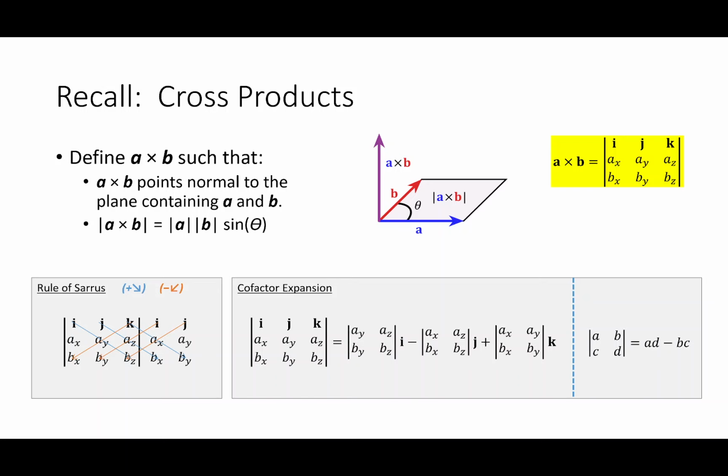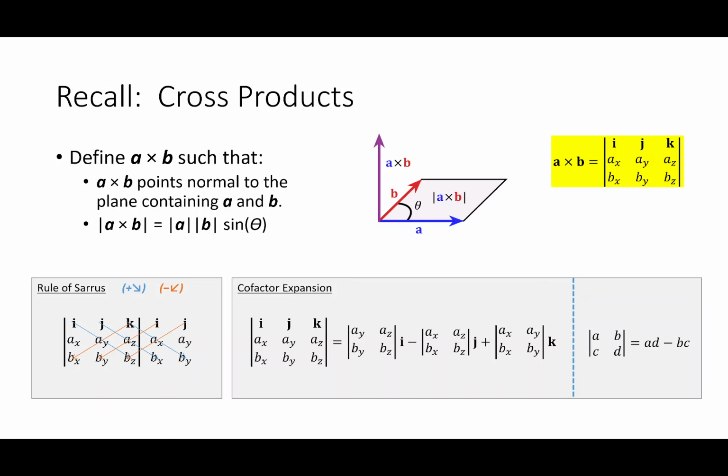Let's just make sure that we're all on the same page, though, with a cross product. First off, a cross product of two vectors A and B yields another vector such that the magnitude of that vector is equal to the area of the parallelogram formed by those two vectors emanating from the same point, and the direction of that vector is normal to that parallelogram, normal to that plane.